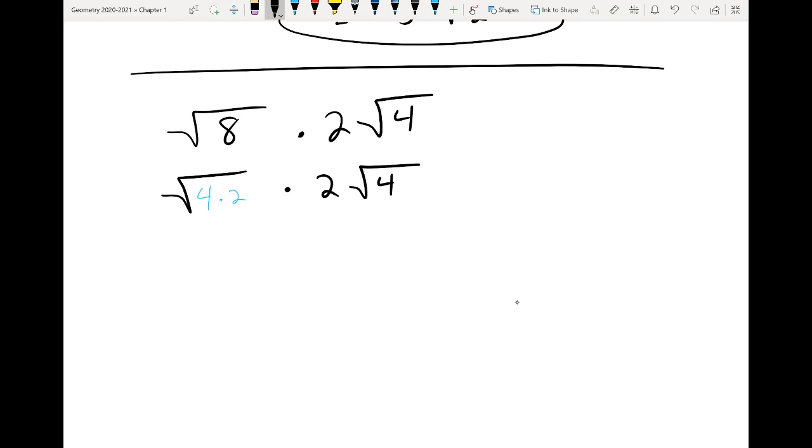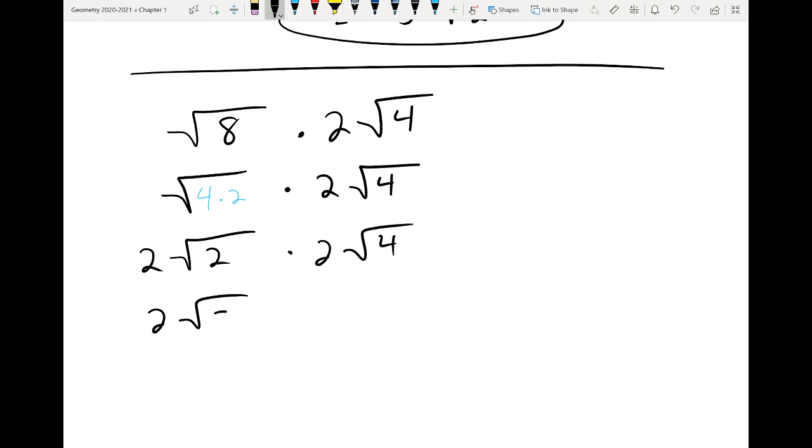Now, rad 4 times 2, remember, we can just say that that is just like rad 4 times rad 2. We'll pull that rad 4 out, okay? That guy's just going to be a 2, and that's going to be times the square root of 2, still times 2 rad 4. Now, we can resolve the other side.